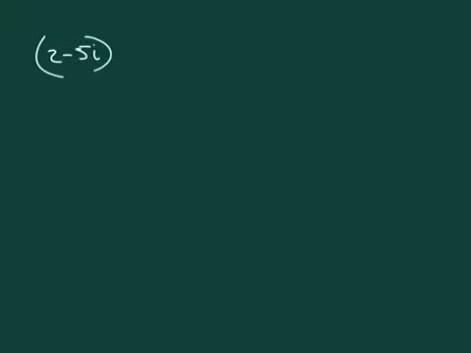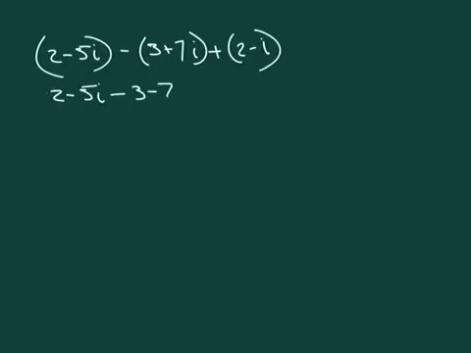So let's keep going with example 3. 2 minus 5i minus 3 plus 7i plus 2 minus i. Again, we're taking the parentheses off. The minus sign there changes the sign of everything there. We combine our numbers with no i's. 2 minus 3 is negative 1 plus this 2 gives me a 1 for my numbers.